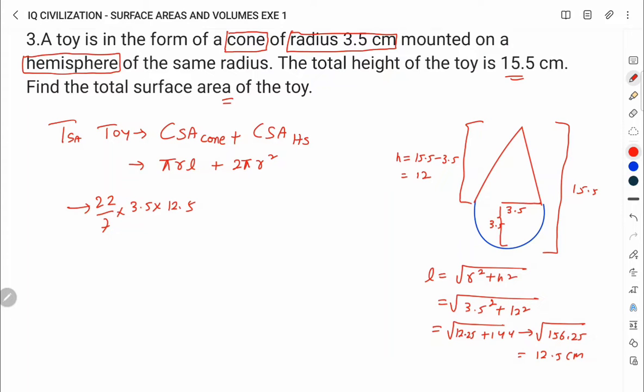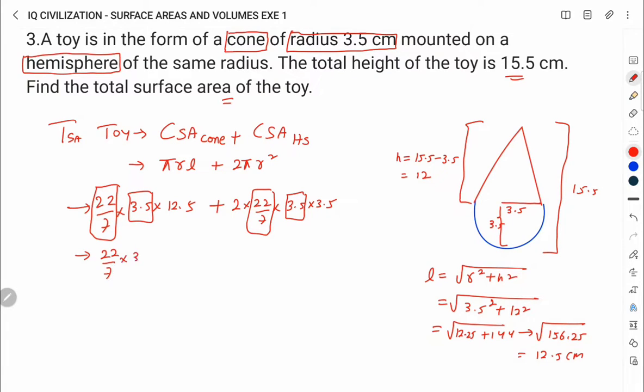That is pi r l, plus 2 into 22 by 7 into r square. R is 3.5 into 3.5. Very nice. You can clearly see 22 by 7, 22 by 7, 3.5, 3.5. So I will take it common.